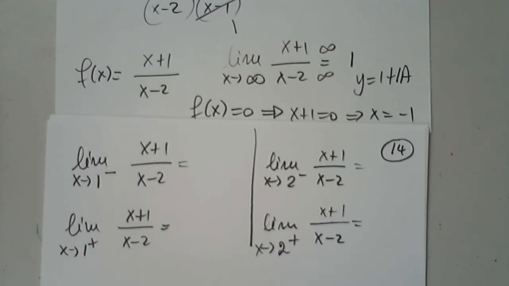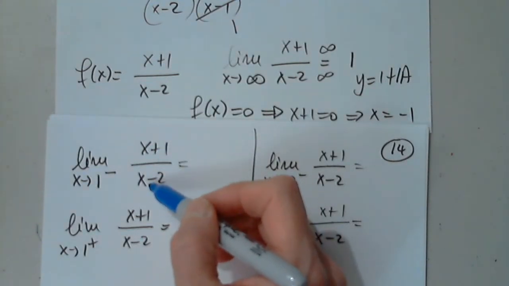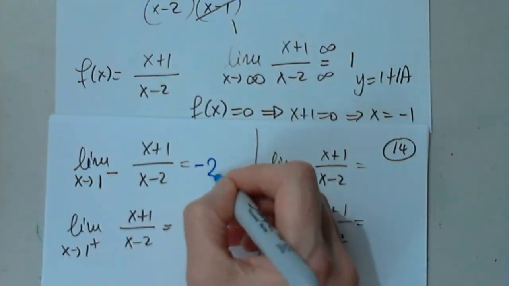It's a hole. Negative 2. Yes, so the top is 2, the denominator is negative 1, so it's indeed negative 2.